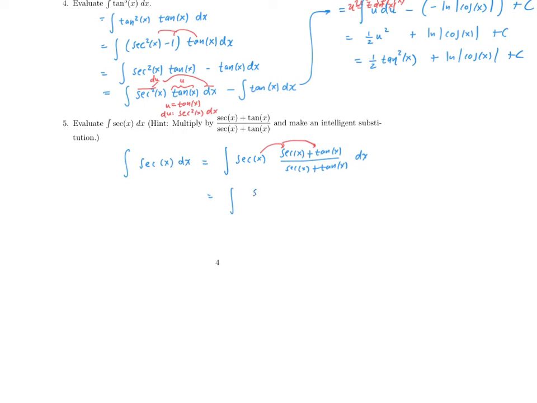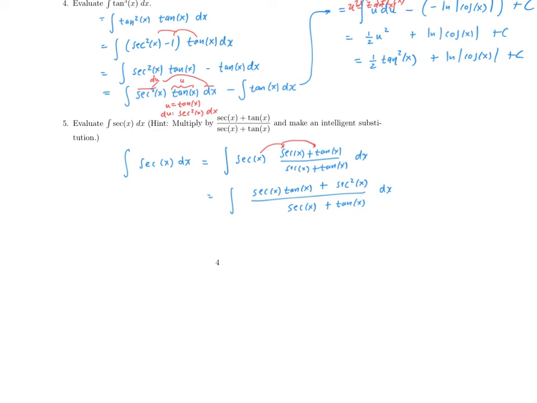So let's write it as secant tangent, that second term in the step above, plus secant squared, the first term above. And our hint is once we've done this modification, let's make an intelligent substitution. And at this point, if you have not solved the integral yet, I would like you to pause the video and give yourselves a couple minutes to try a substitution or two and see if you can make it work.